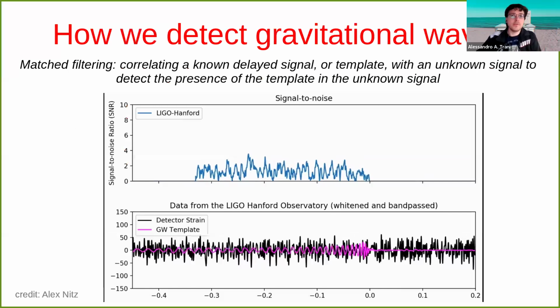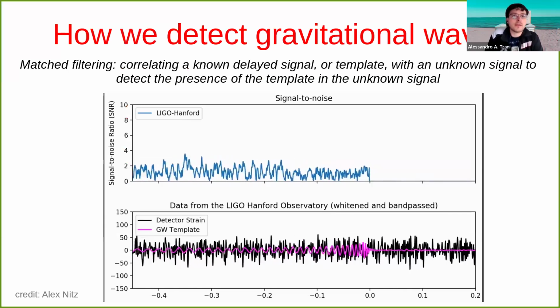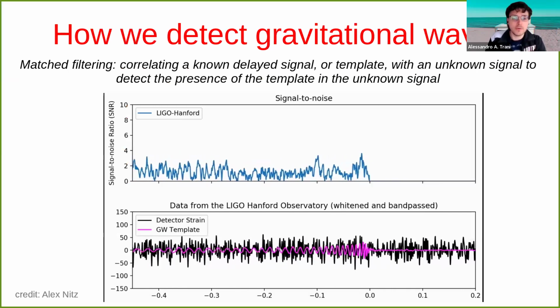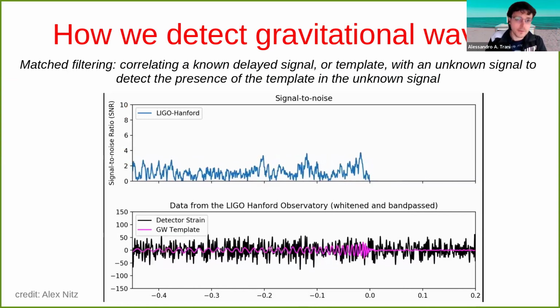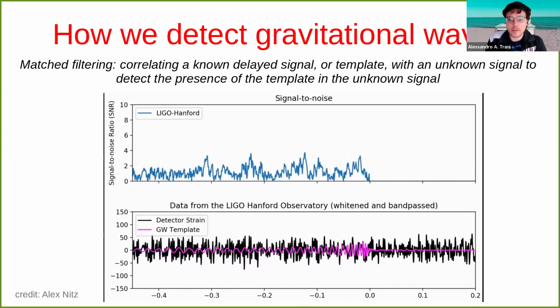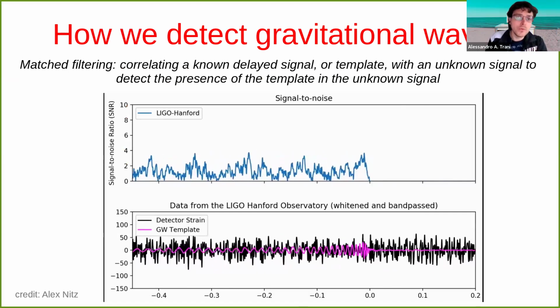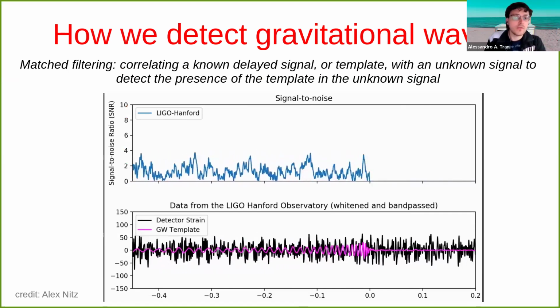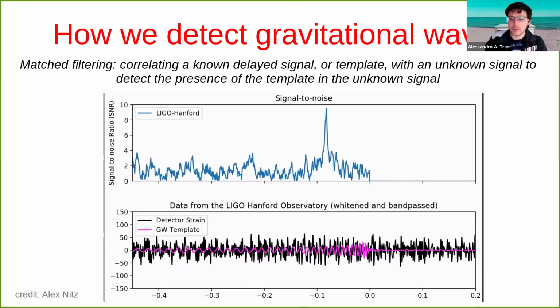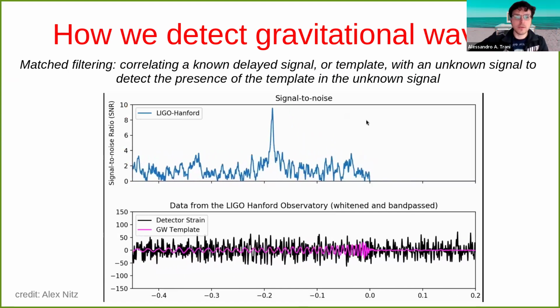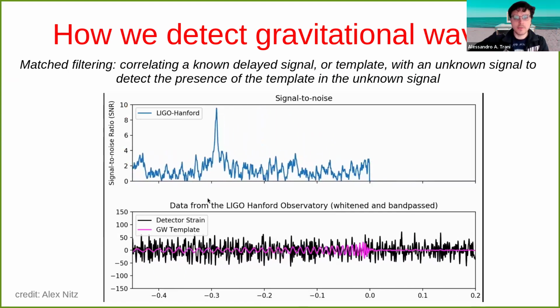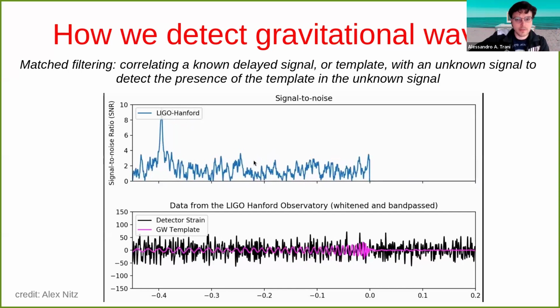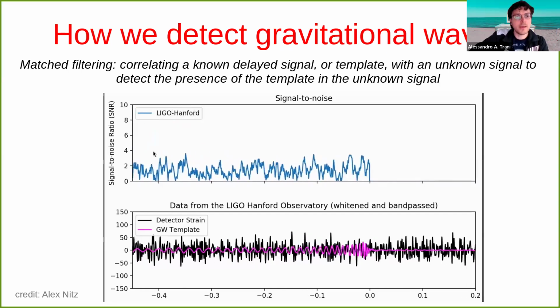And the reason for this is that in order to detect gravitational waves, we need to use a technique called matched filtering, which basically boils down to convolving a known signal with the noisy data of the detector. And from this animation, you can see as we convolve the signal, if there is an underlying signal in the noisy data, you can see a spike in the signal to noise ratio.